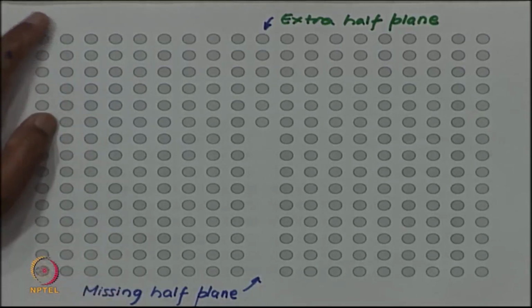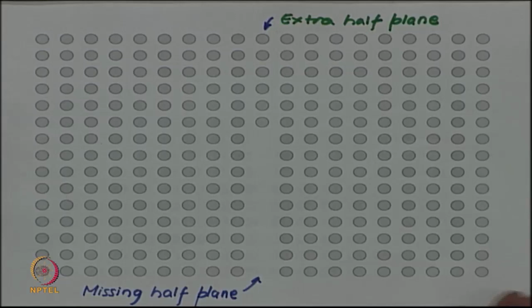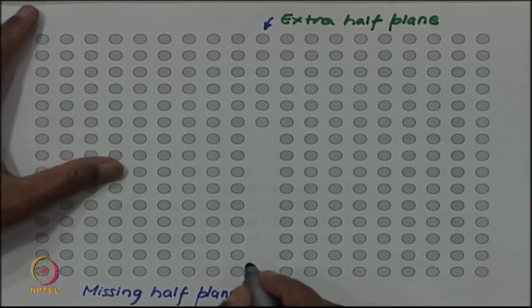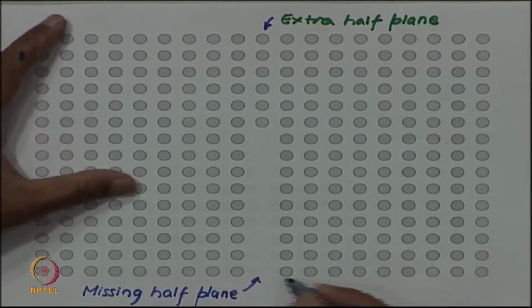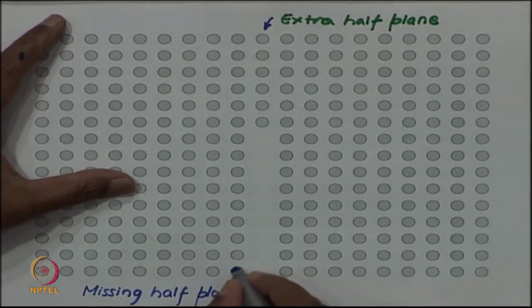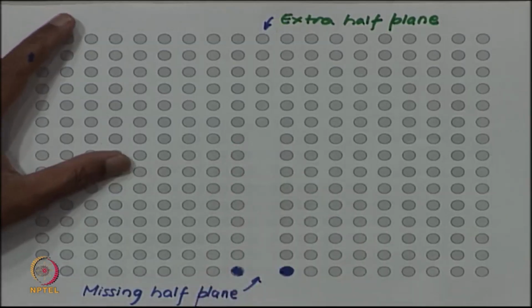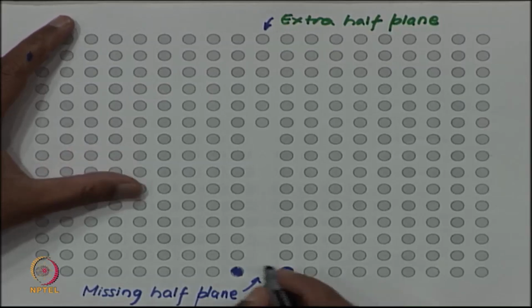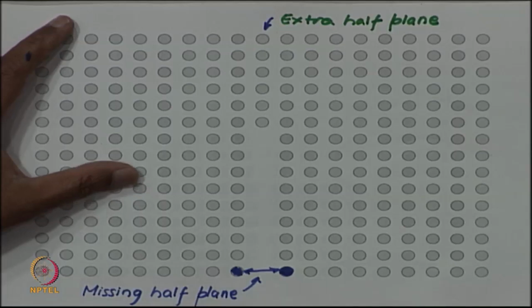Also, of course, we have created a defect, but this is not a very stable configuration, because you can see that this atom and this atom, across the plane where we have removed the missing half plane, their spacing has increased to twice the normal spacing.